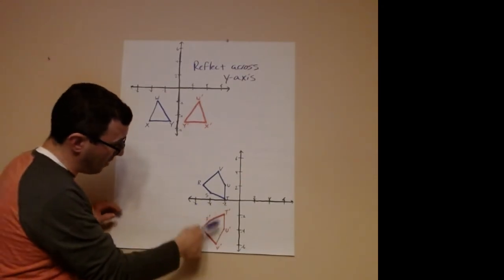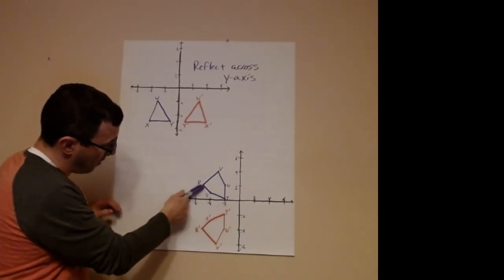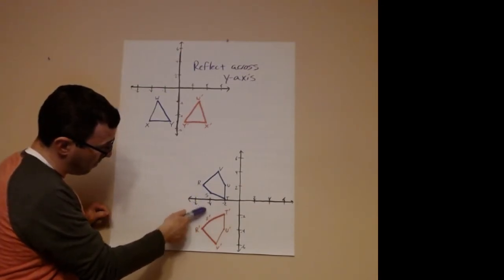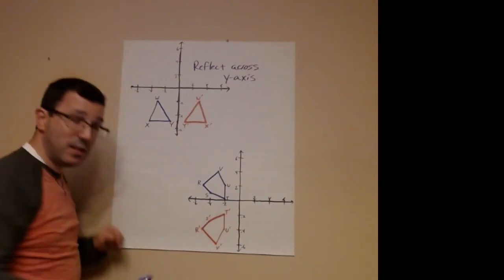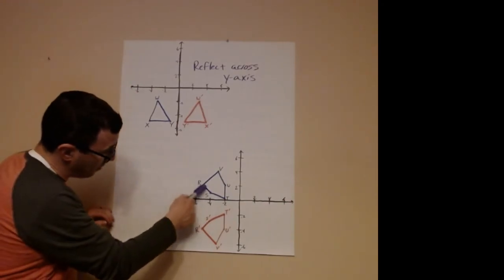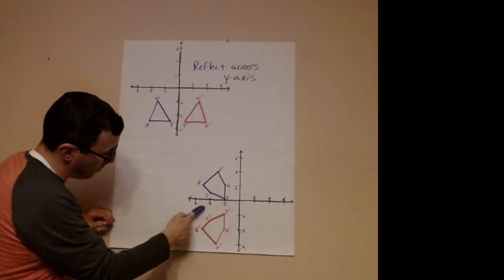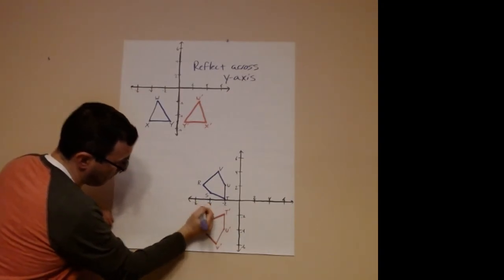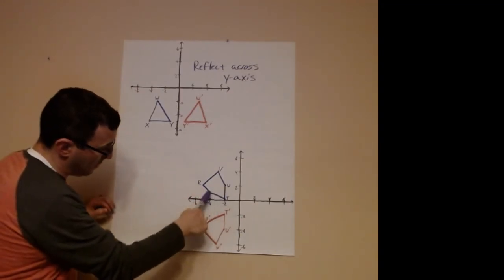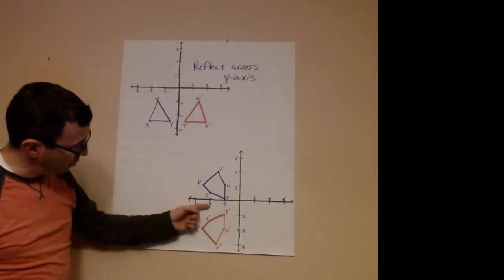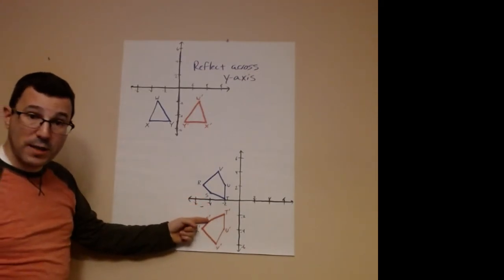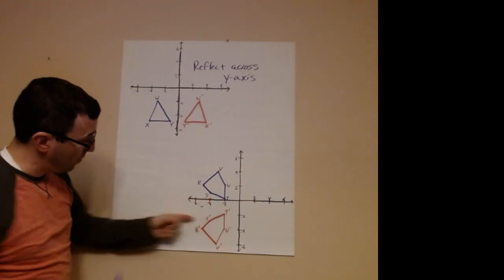So I'll start with R. R is 1, 2, 3, 4, 5, 6 from R prime. So 1, 2, 3. Here's our halfway point. S is 1, 2, 3, 4 away from S prime. So we'll do 1, 2.